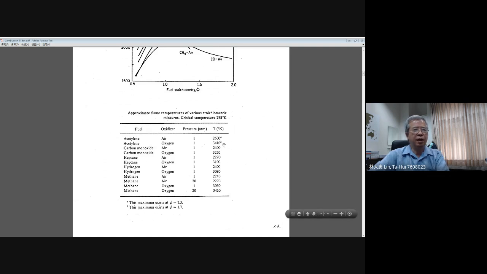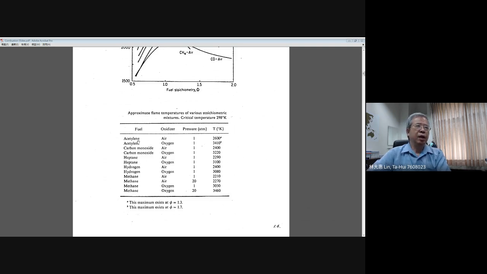Usually I just mention that the maximum temperature occurs at the stoichiometric ratio, but here it is under a very rich condition, due to the thermal pyrolysis of ethylene. The heat absorbed by ethylene and oxygen needs to balance, and the best condition is 1.7, where they can reach the maximum flame temperature.